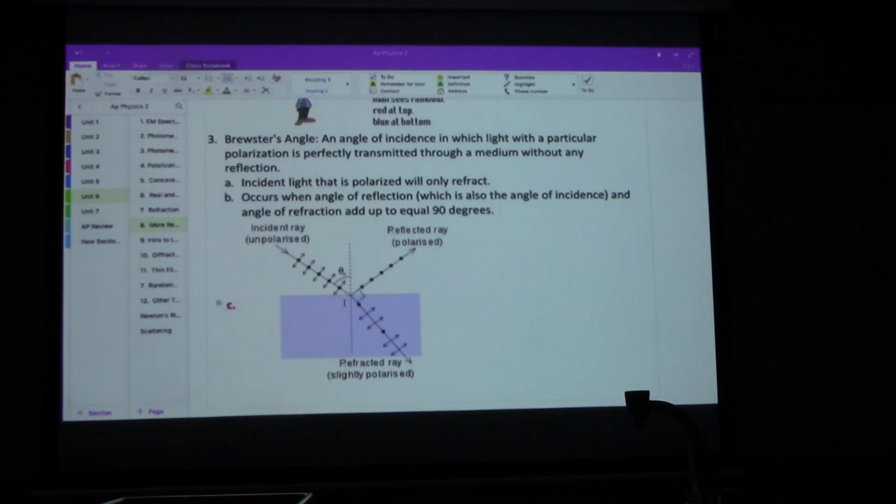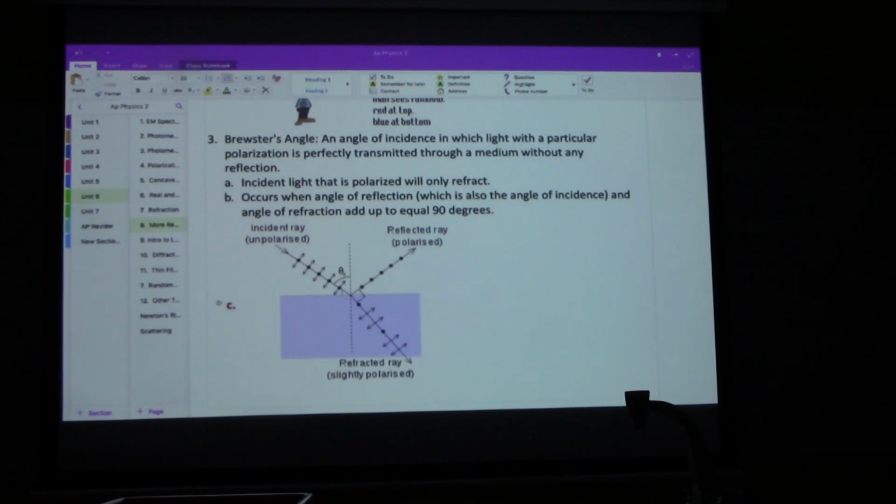And notice that the angle here is between the reflected ray and the refracted ray. So let's back up here because I kind of butchered that statement up top. This ray here that's coming in, notice it has dots and the arrows drawn side to side. It's about the only way that we can represent it on a two-dimensional piece of paper.